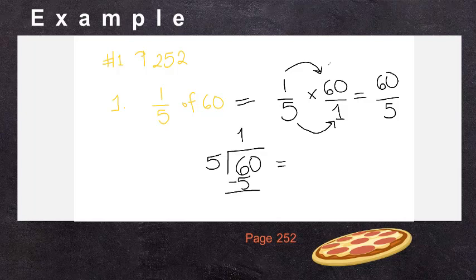Subtract, bring down, and you have 10. How many times is 5 in 10? 2 times. 2 times 5 is 10. Remainder 0. Excellent, my answer in this case is 12. Remember, the quotient is your answer. 12 is your answer.